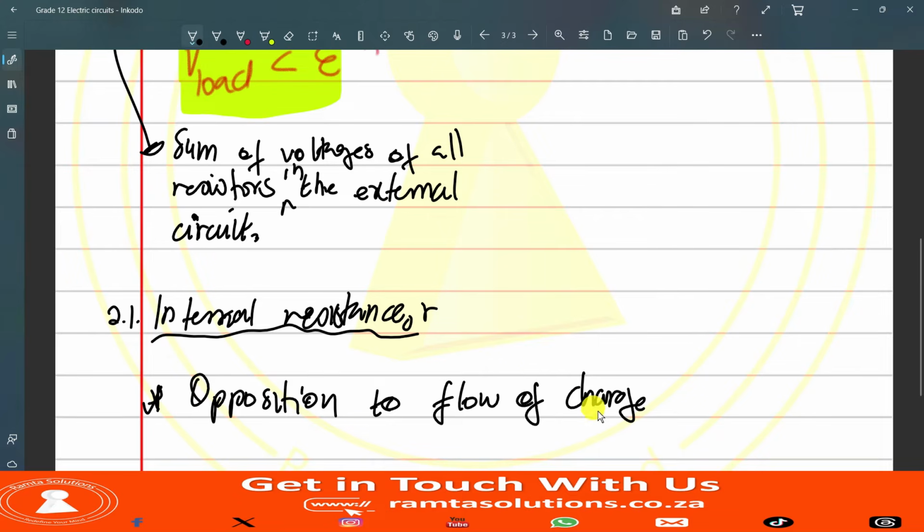It doesn't end there. It's opposition to flow of charge, but when? Within a battery. You guys get it? So internal resistance is opposition to flow of charge within a battery.